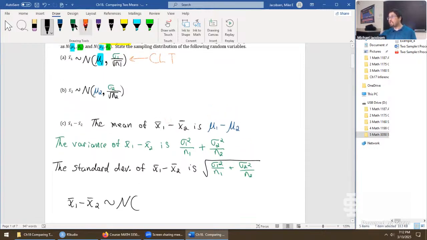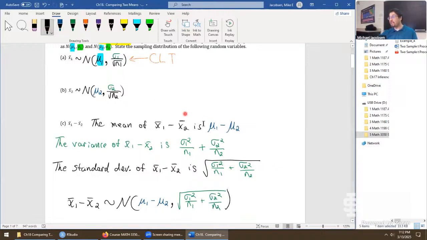But the other thing that we got was we could put in the mean now. The sampling distribution of x bar 1 minus x bar 2 is centered at the thing we want to estimate in the first place, mu1 minus mu2, the real difference in the population means. And the standard deviation is this whole thing, square root of sigma 1 squared over n1 plus sigma 2 squared over n2.